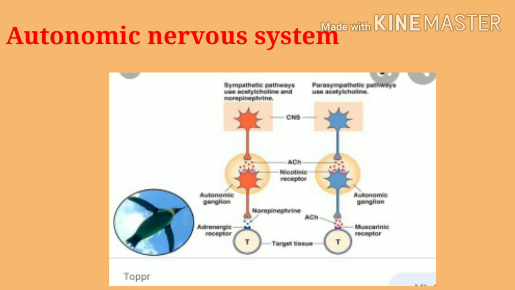You can see here in this diagram, the sympathetic pathway uses acetylcholine and norepinephrine, and the parasympathetic pathway uses acetylcholine. The central nervous system is seen at the top, and it produces the chemical acetylcholine. The autonomic ganglion contains norepinephrine in the sympathetic and acetylcholine in the parasympathetic.